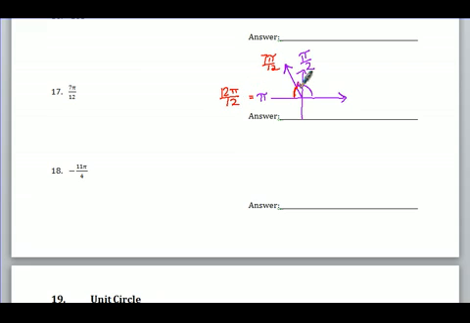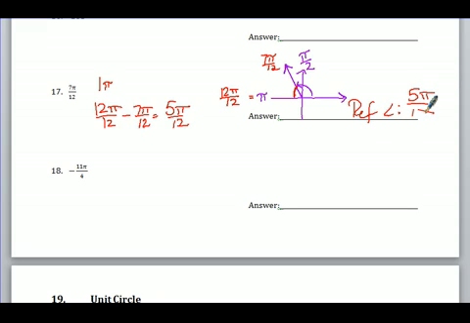So if I've gone 7/12 and I want to know what the angle is between that angle and pi, it's going to take me 5 more 12ths to get there. 12 pi over 12, which is really 1 pi, minus 7 pi over 12 is equal to 5 pi over 12. And so that's my reference angle, 5 pi over 12.